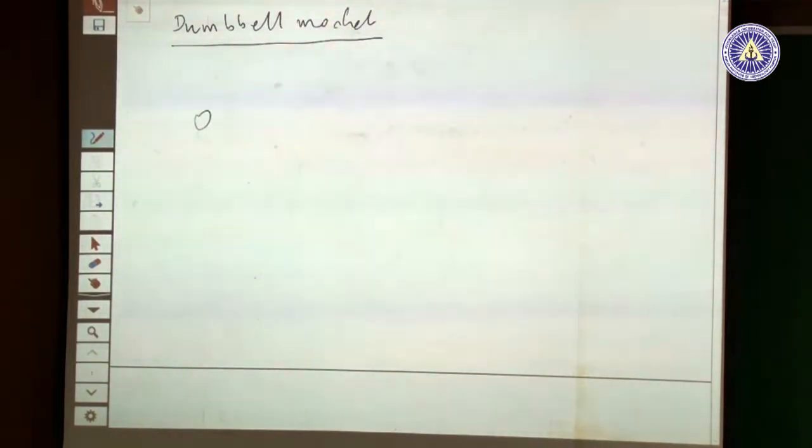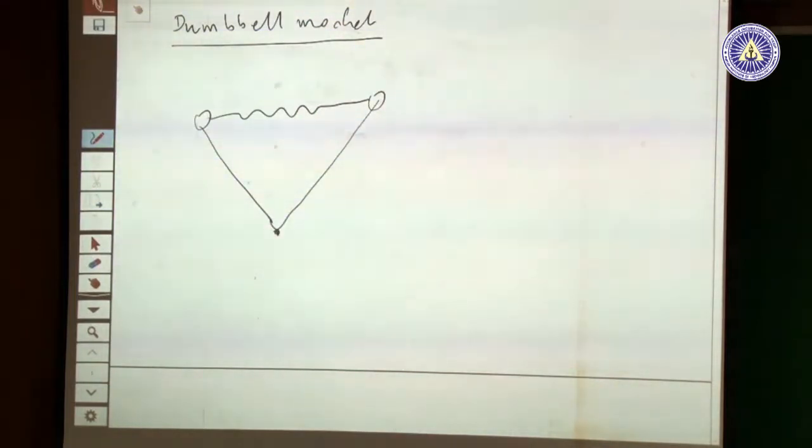So this is just two beads connected by a spring, and with respect to an origin, this is bead 1 and bead 2, so this would be R1 and R2, right?